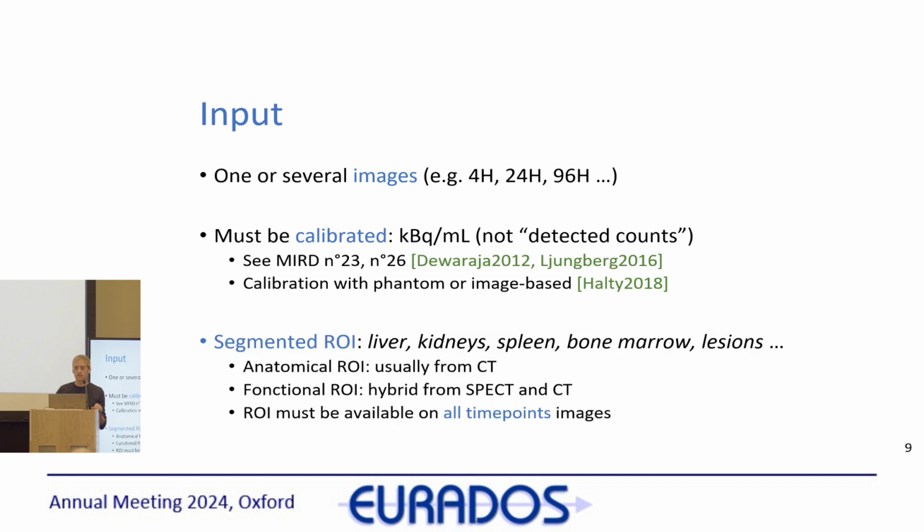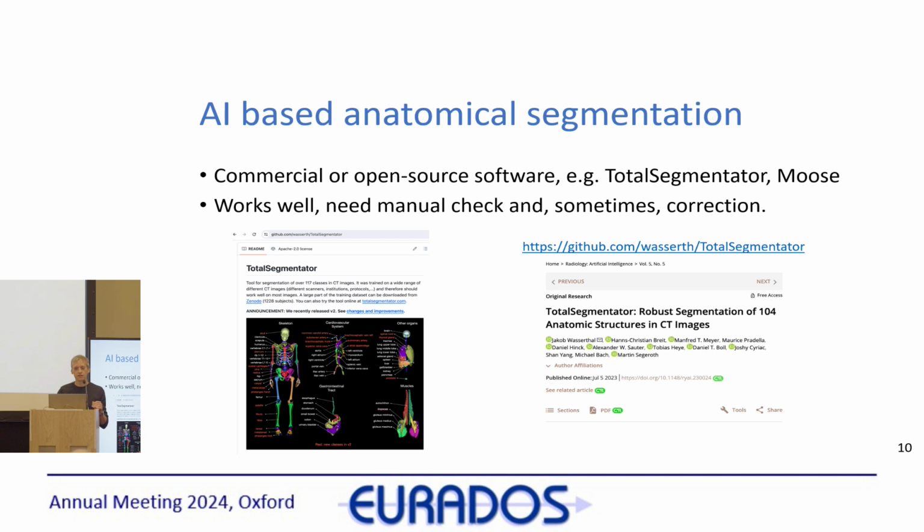And then we need to segment regions of interest, not only anatomical organs, but also lesions. This is a very tedious task, and usually in the past, in the nuclear medicine department, it was very difficult to ask physicians to make those anatomical delineations. But since a few years, we have some AI-based anatomical segmentation tools that are very useful. There are a lot of them.